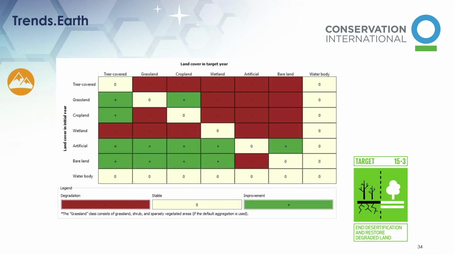For example, you could have land cover types like tree covered, grassland, and cropland. And Trends.Earth can help you map which category the land cover types are in, and if they're in better or worse condition, or if they've transitioned entirely to a new class.